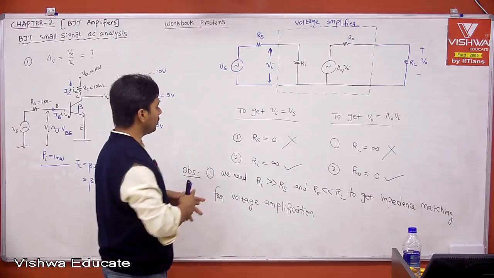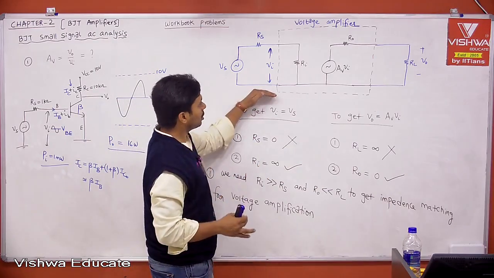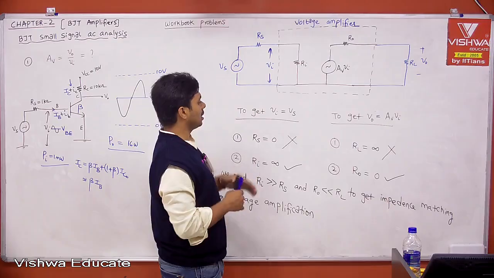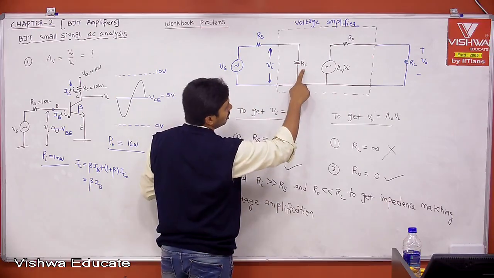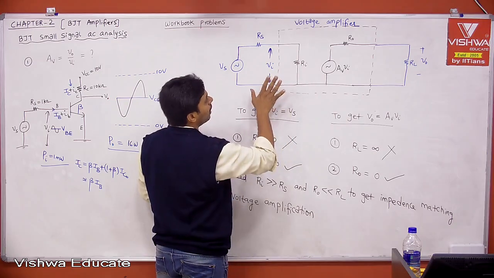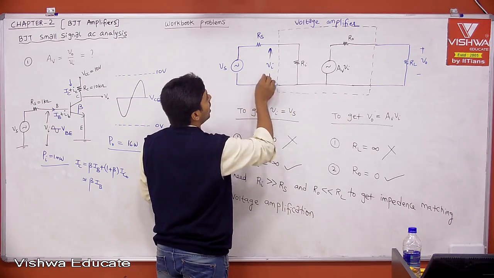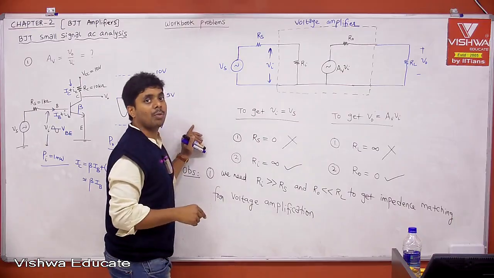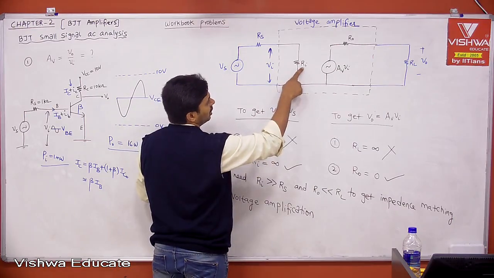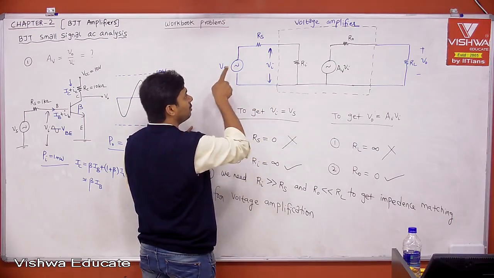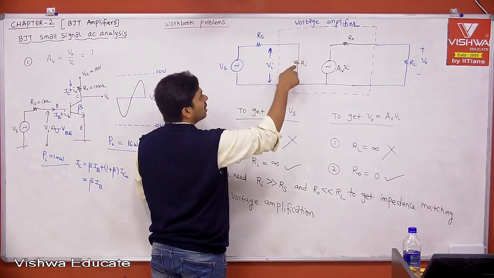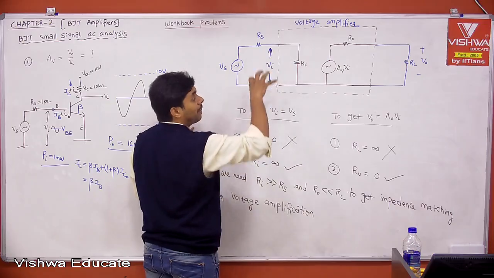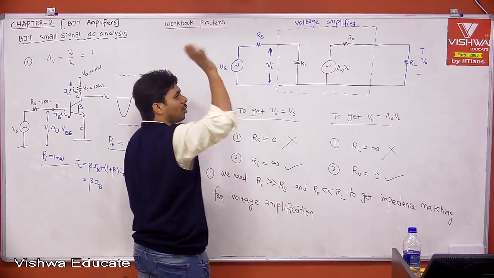For maximum voltage transfer, if you want to get maximum voltage at the input side, I want Vi to be equal to Vs. The meaning of input impedance matching is that if Ri is infinity, then you have very good input impedance matching for voltage. Why? If Ri is infinity, Vi matches Vs. Matching for what? Vi to Vs, not for power.